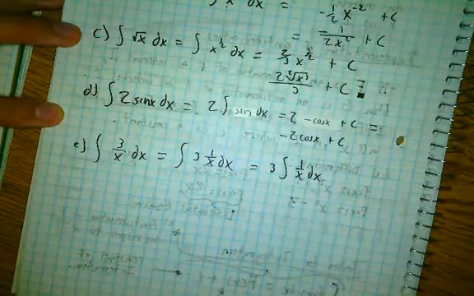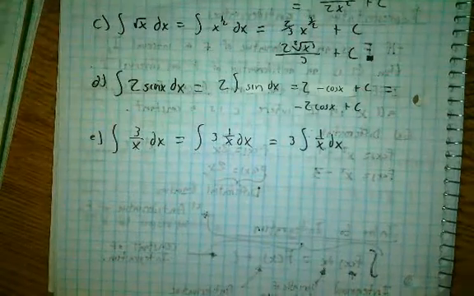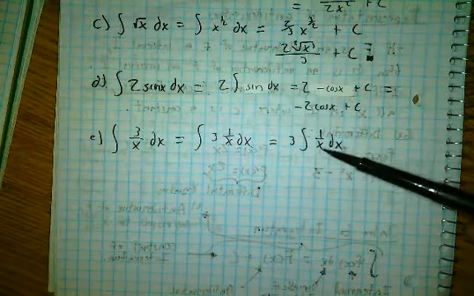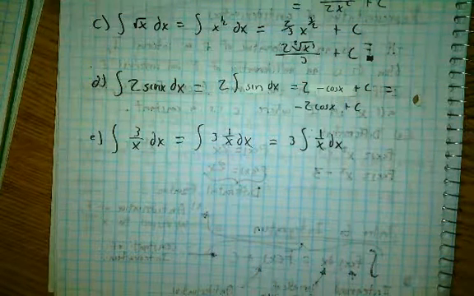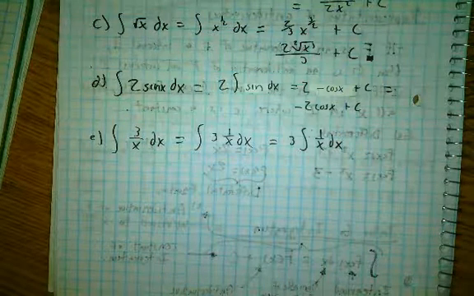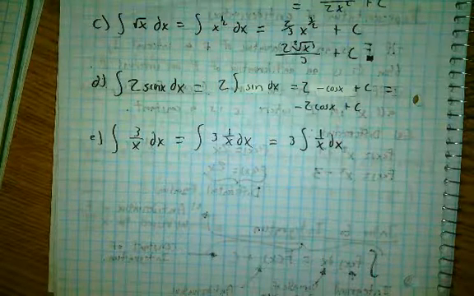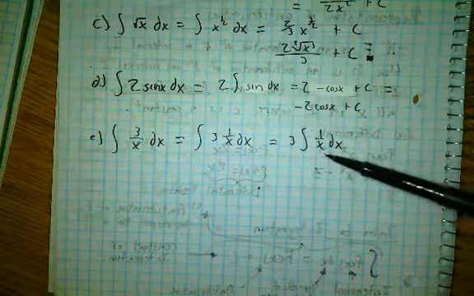If you try to make this x to the negative 1 power, when you add 1, it goes away, and you're just going to get a constant. But that's not possible because you had x in the denominator. Remember that the derivative of a constant is 0. So that doesn't make sense.